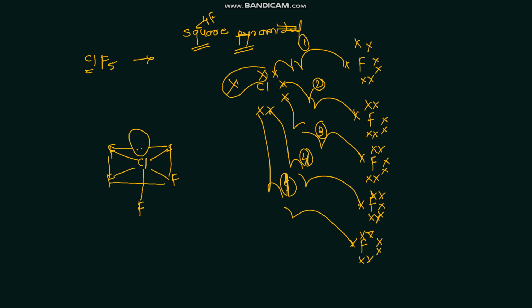For determination of shape, the lone pair is not considered, only fluorine is considered, therefore the shape is square pyramidal. If the lone pair is considered, or if the lone pair is replaced by fluorine, then the shape of the compound is square bipyramidal. If the lone pair is not considered during shape determination, therefore the shape is square pyramidal.